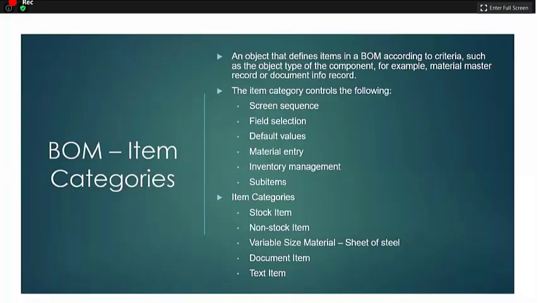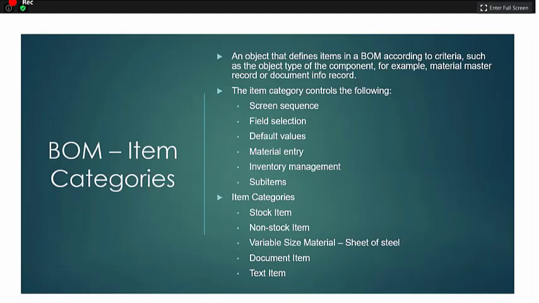Okay, no question. So what is the item category? Item category means what type of product you will have on the BOM. When you look at the BOM, you think it is only for physical things. However, physical things are what we call stock items. We can also have a BOM that handles non-stock items, like a service.